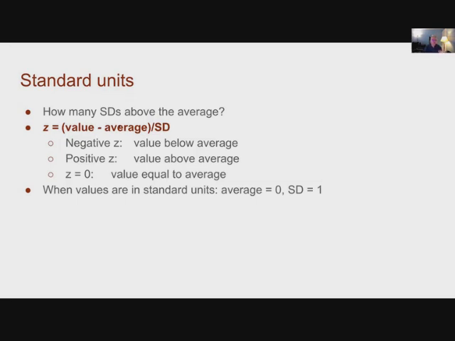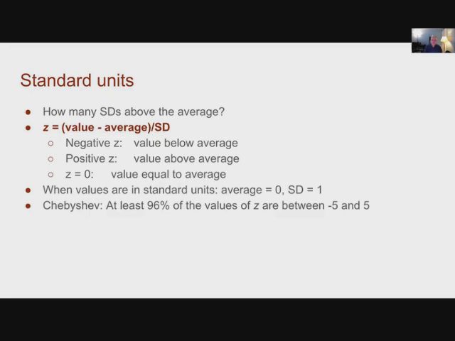Okay, and so when we take our data and do this conversion, the value minus the average divided by the standard deviation, and we look at our distribution, the average is now going to be 0, and the standard deviation of this converted data is going to be 1.